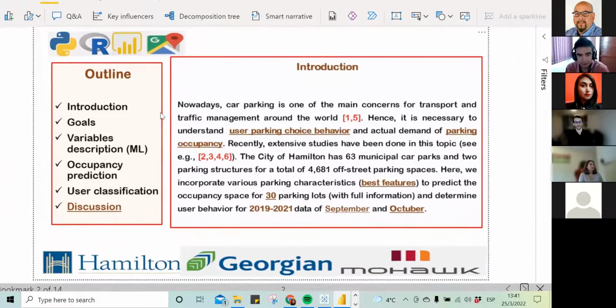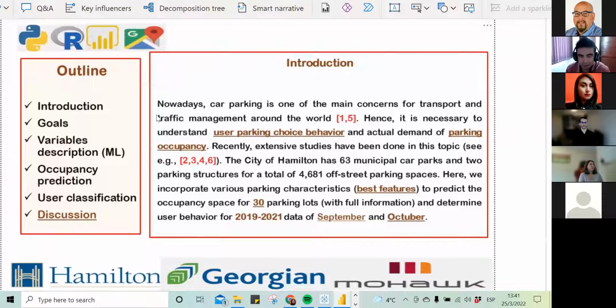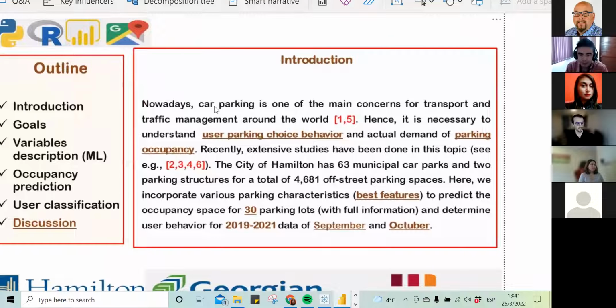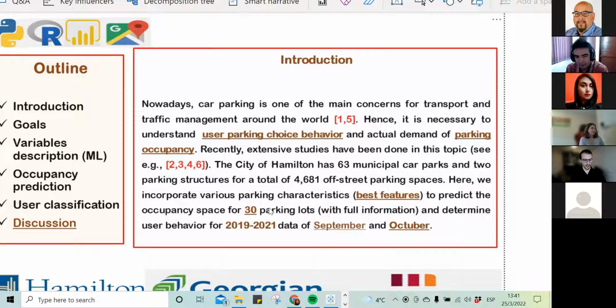The introduction: nowadays car parking is one of the main concerns for transport and traffic management around the world. Then it's important to understand user parking choice behavior and actual demand of parking occupancy. There are some recent studies about that, and in this phase 2, we have focused on 30 parking lots.